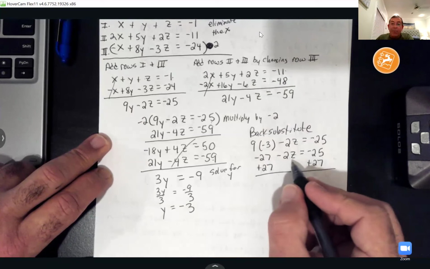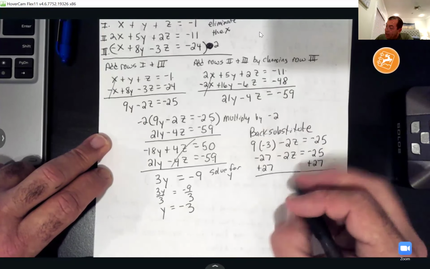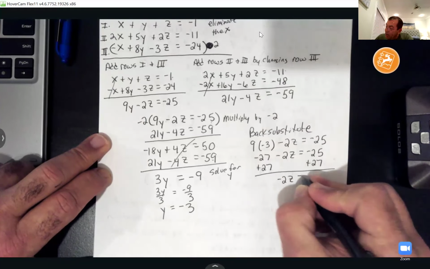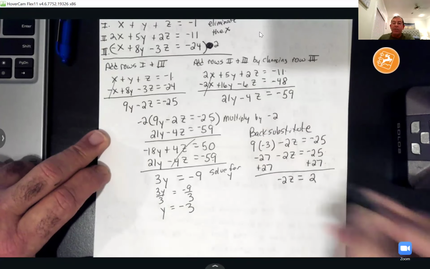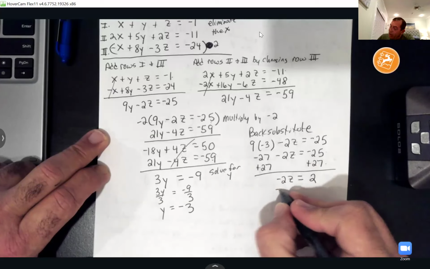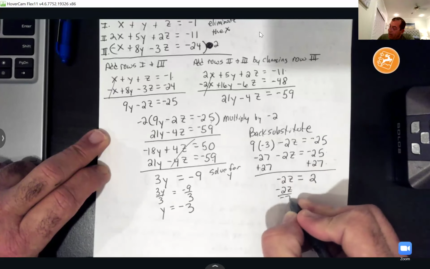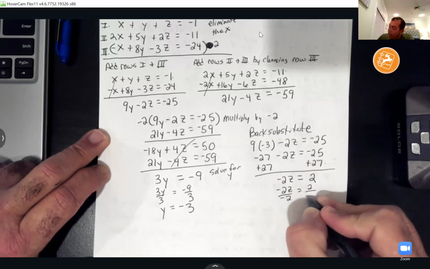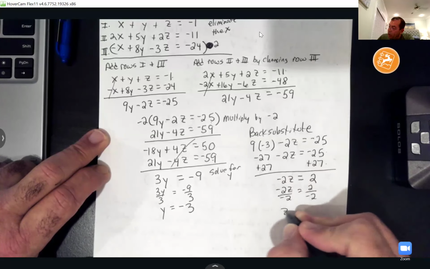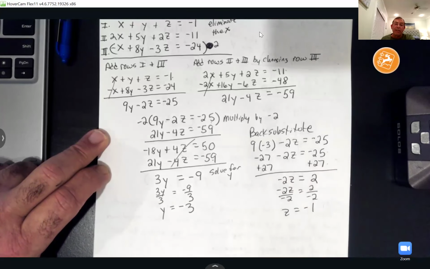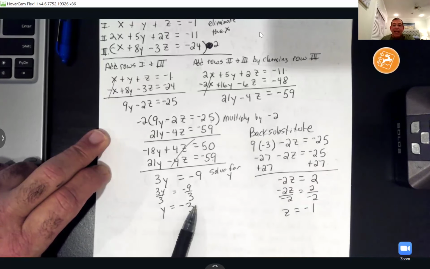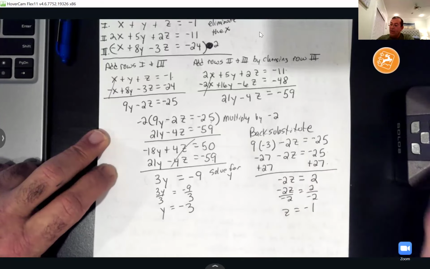So y'all keep up with your signs. That brings down that -2z, and -25 and 27 is a +2. So y'all looks like when we divide by -2, that gives me a -1 for my z. So y is -3, z is -1.